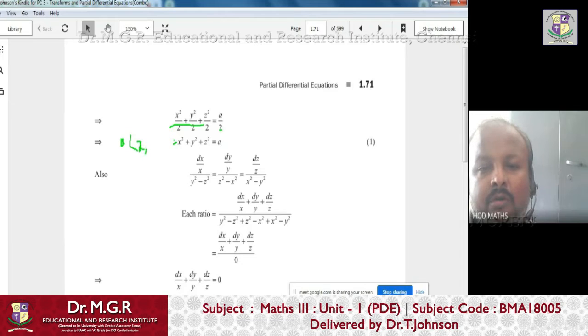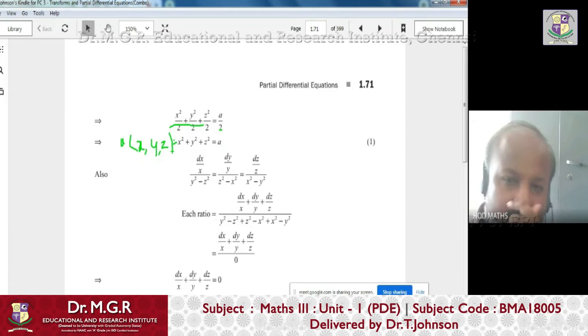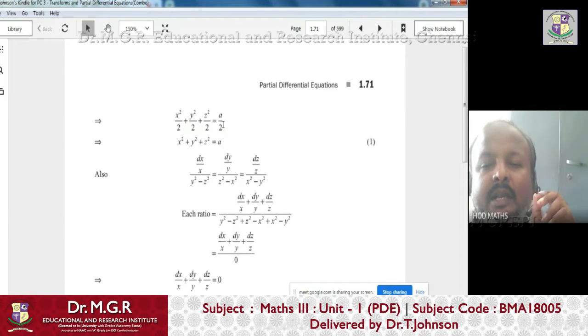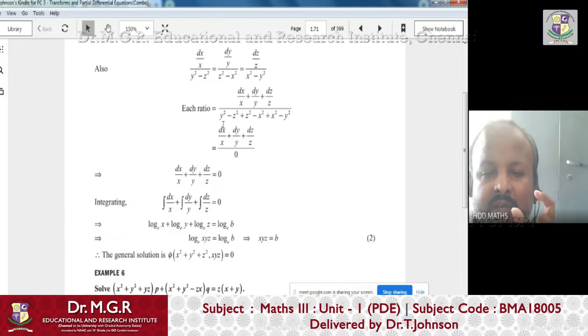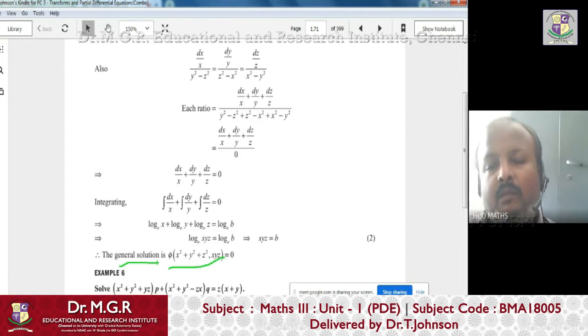I already told you, using those three equivalents, you have to find two functions. One is u of x, y, z equals a. Another one is v of x, y, z equals b. Once you find the two equations, the function having the two equations is nothing but the general solution of the given PDE. What is the general solution?